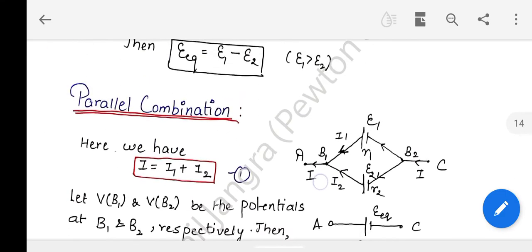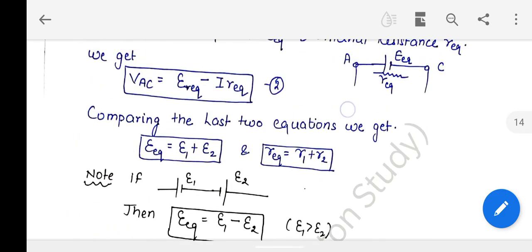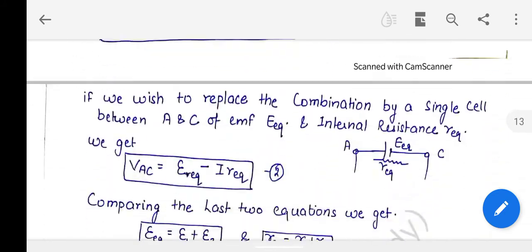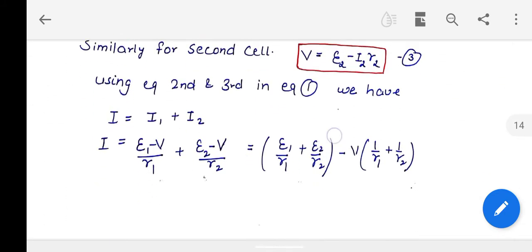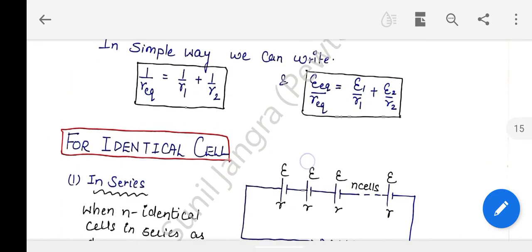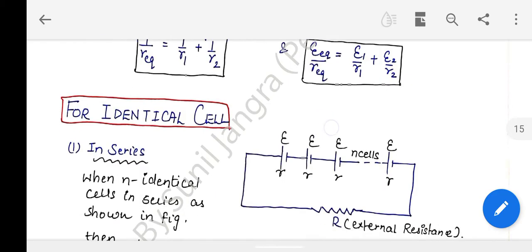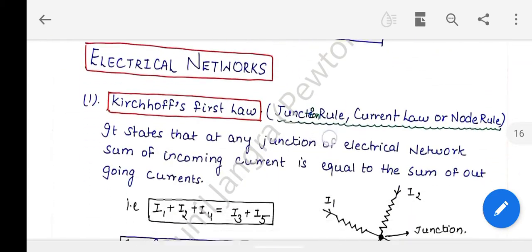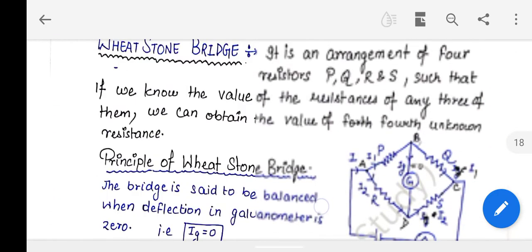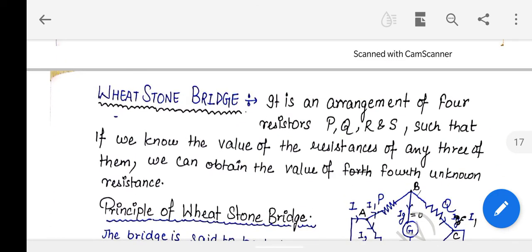You don't have to worry about the resistors combination, but surely you have to worry about the combination of cells. Series combination means joining end to end, parallel means joining line by line, top to top and bottom to bottom. Okay, so network combination numericals you have to practice.